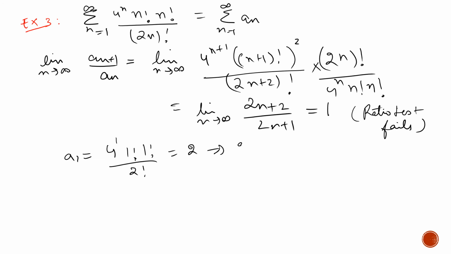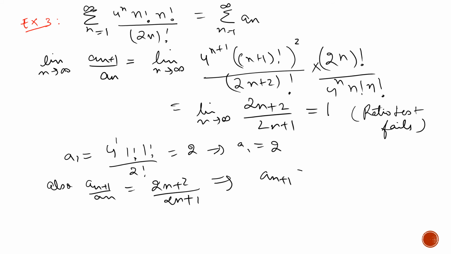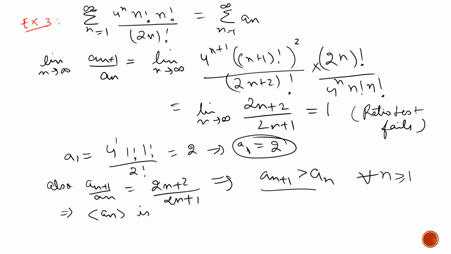This implies that a1 is equal to 2, and you have already found a(n+1) by a(n), this is (2n+2)/..., and now this gives you a(n+1) is greater than a(n) for every n greater than or equal to 1. Since a1 is starting from 2, you can see that this is increasing. This implies that the sequence an is increasing.